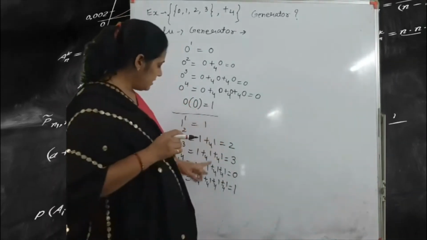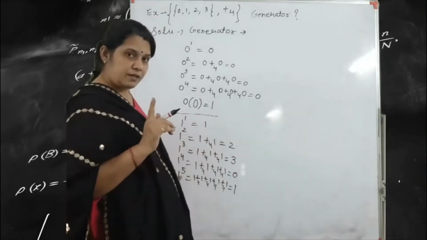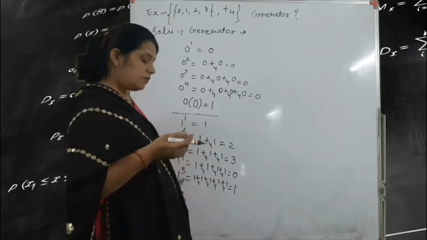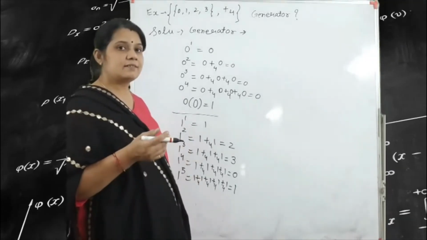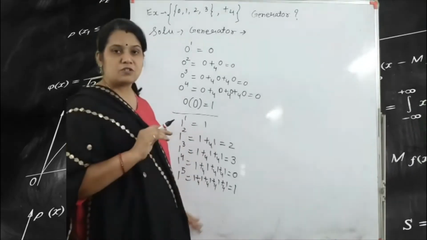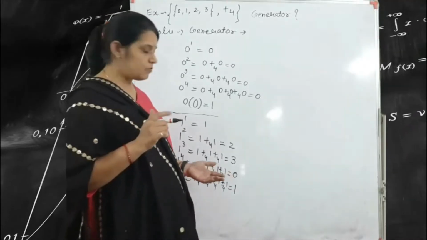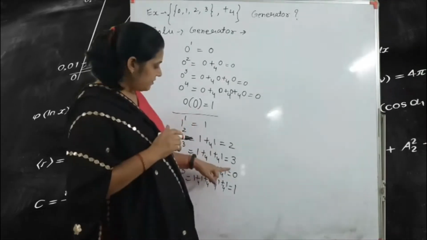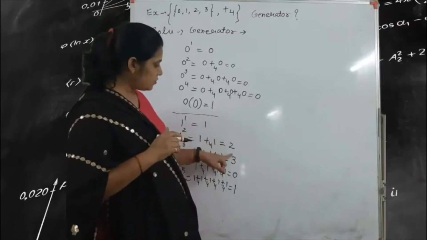That means if we put 1 raised to the power 5, the remainder is 1. In case we put 1 raised to the power 6 and follow this process, the remainder is 2. According to the powers 1, 2, 3, 4, we get remainders 0, 1, 2 and 3.